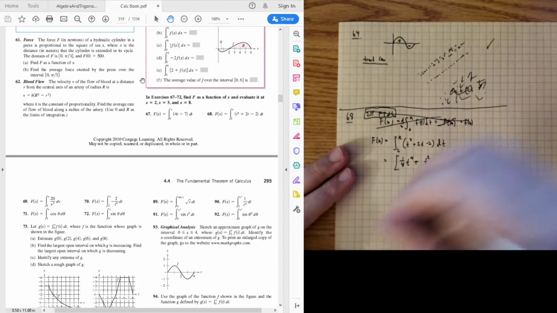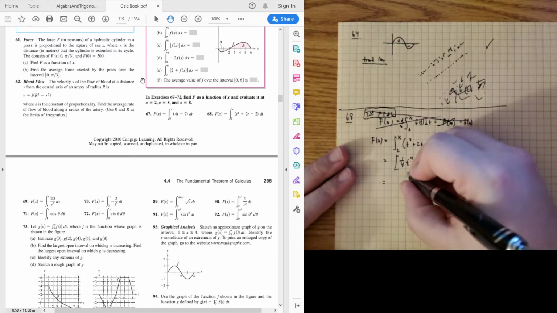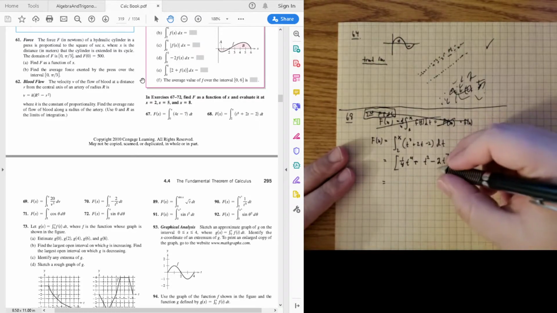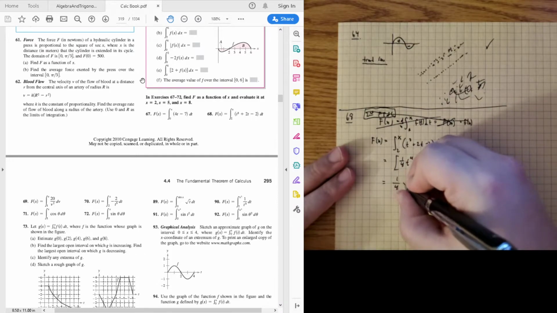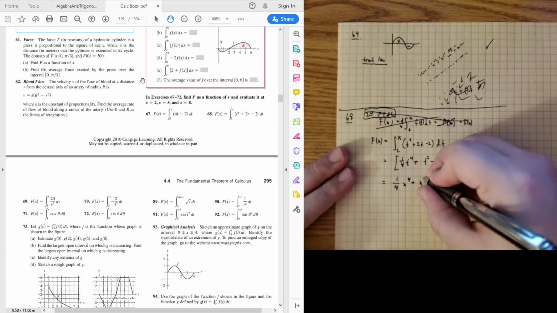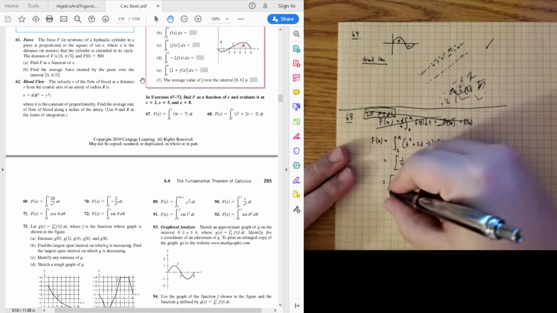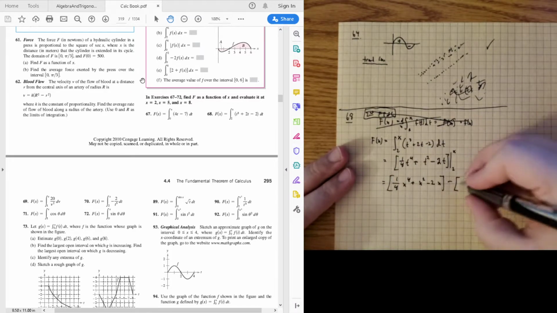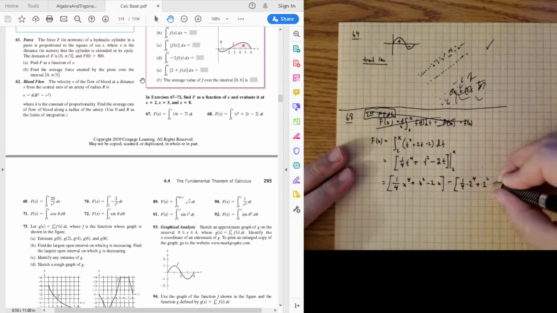Okay, let's plug in. Remember, when this happens, I need to plug in the top number first, then subtract plugging in the bottom number. So we do 1/4 x to the 4th plus x squared minus 2x, minus 1/4 times 2 to the 4th plus 2 squared minus 2 times 2.